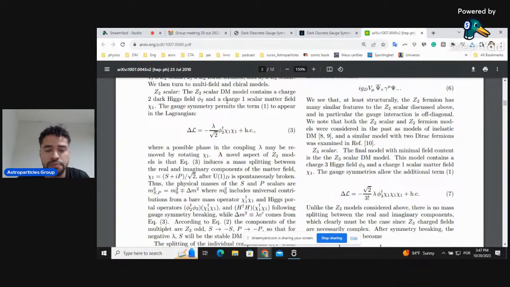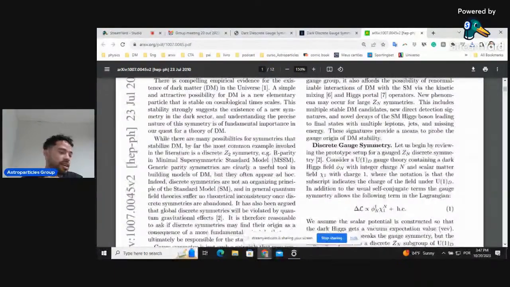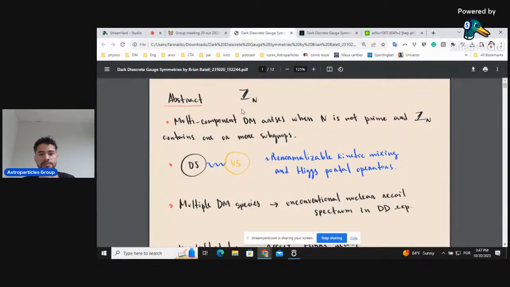Basically, in this paper, he will address how we can construct models that have discrete symmetries, and these symmetries maybe could, for example, lead to multi-component dark matter. So first, I will just use my notes because it's easy.